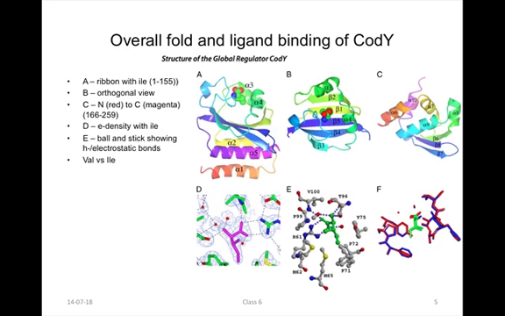In the paper, they show an overall structure, and in picture A, I've got the COD-Y protein in ribbon structure, and it shows the isoleucine inside in the binding pocket. Letter B is the same protein on its side, and letter C is just in order. So the winged helix turn helix would be right at this end with the wing at the end here.